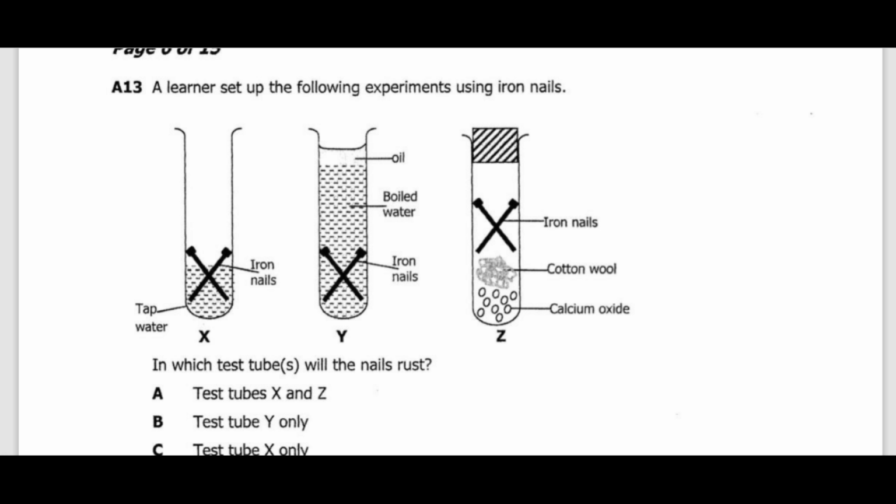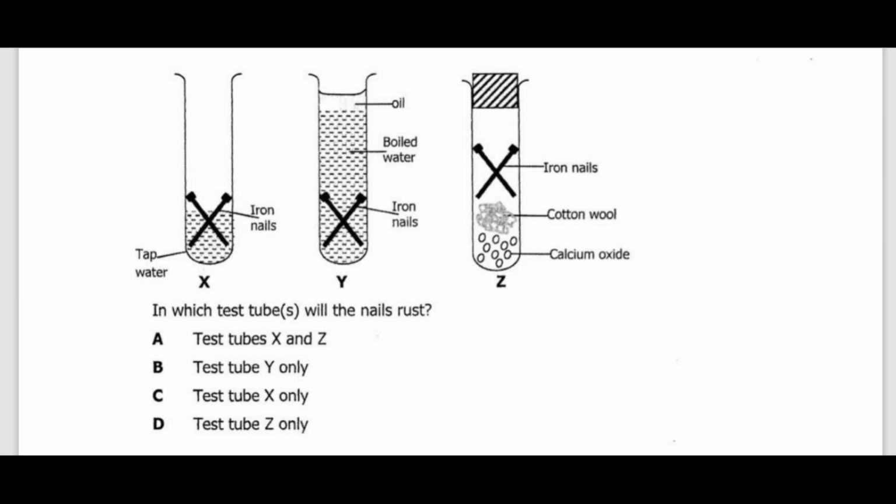Then here we have iron nails, then cotton wool, calcium oxide. So in which test tube or test tubes will the nail rust? So we need to look at where rust is able to take place. So the only test tube where we can have rust is test tube X only.